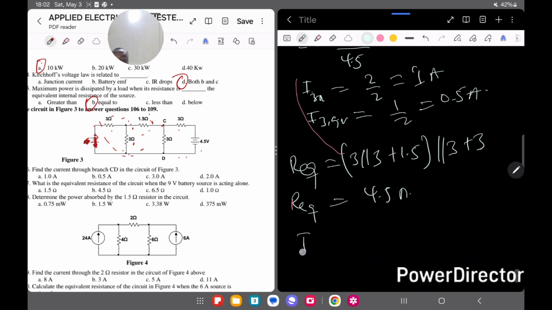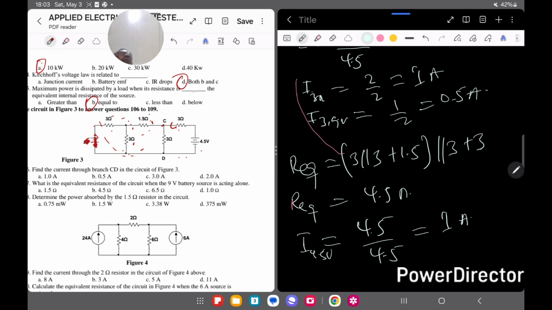So we get the current again, which is now going to be the total current for 4.5 volts acting alone. So it will be 4.5 volts divided by our 4.5 ohms, and that will give us 1 ampere.